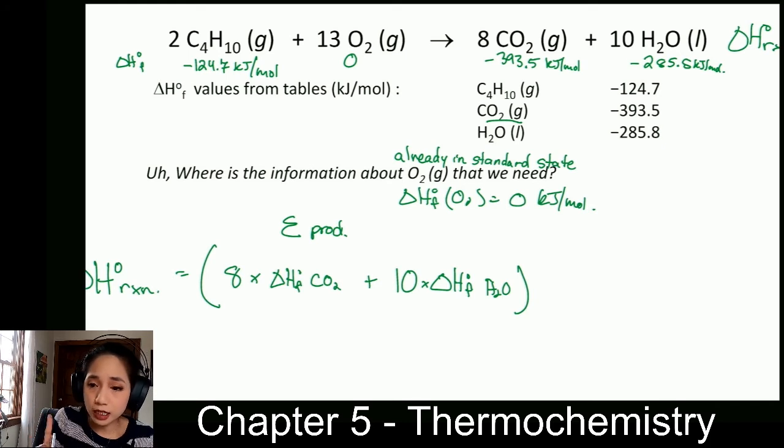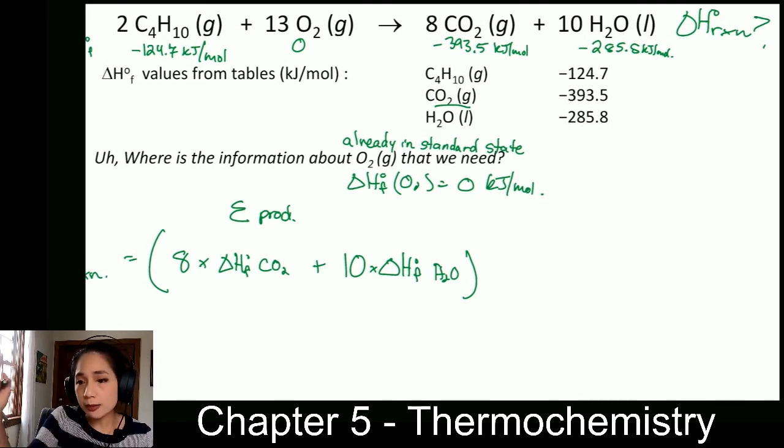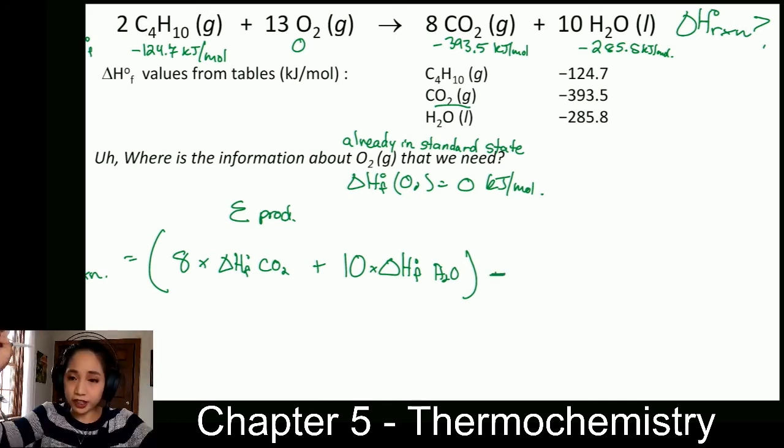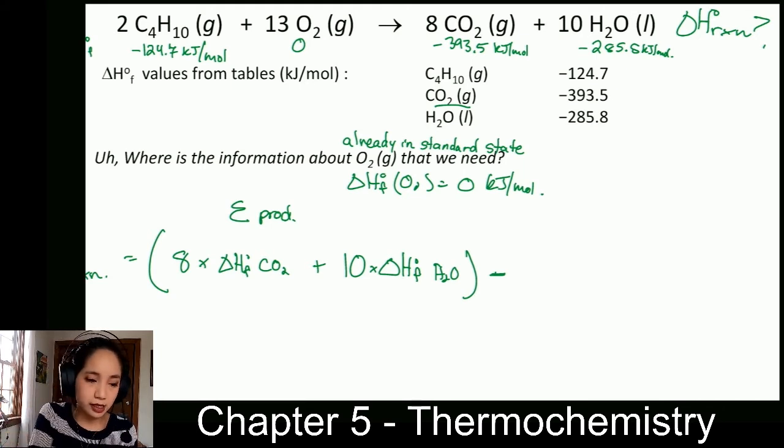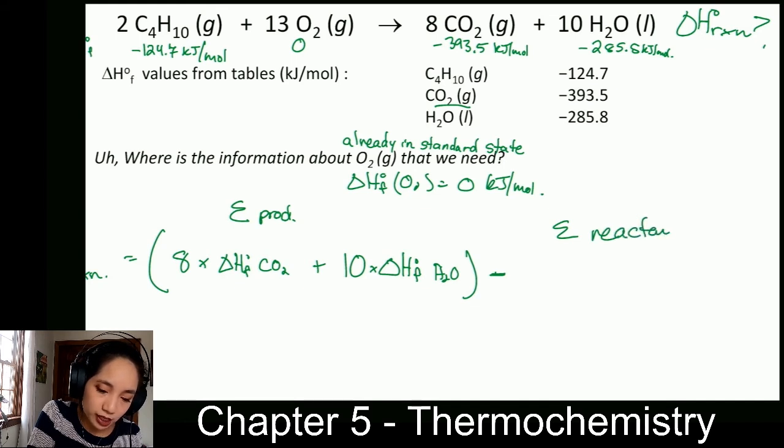All right, so that's the sum of the products. So you must take into account the coefficients. And then it's always sum of products minus sum of reactants. So I put everything in parentheses just to remind myself, okay, add all of these up first. And then you want to add up all of the reactants too in its own set of parentheses. So sum of reactants. So let's look and see what that is.